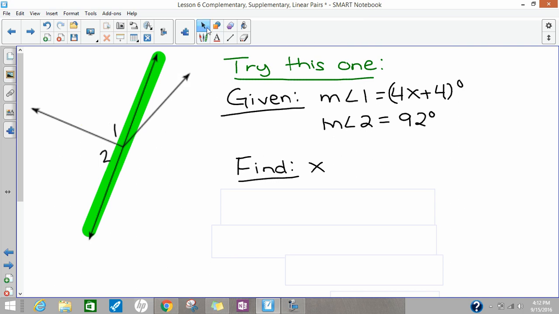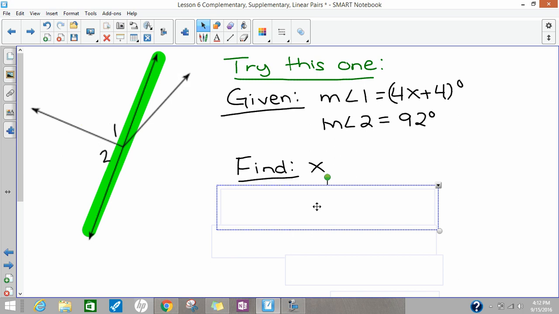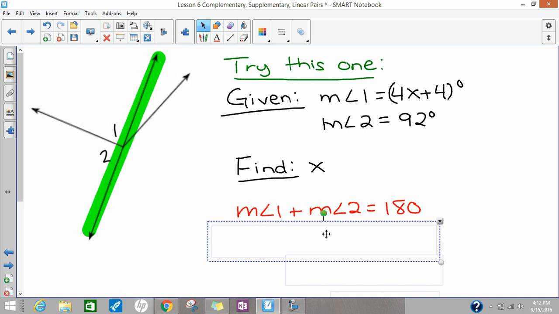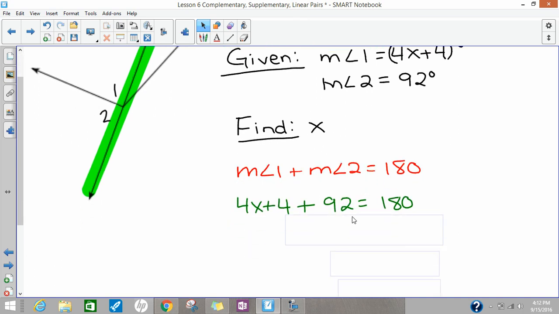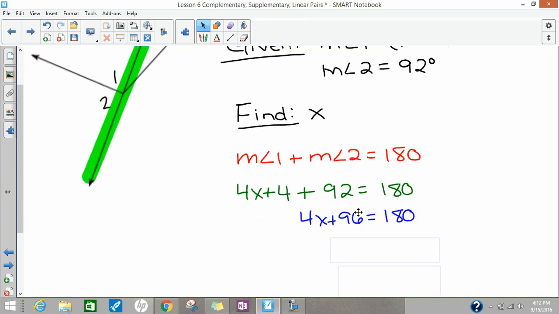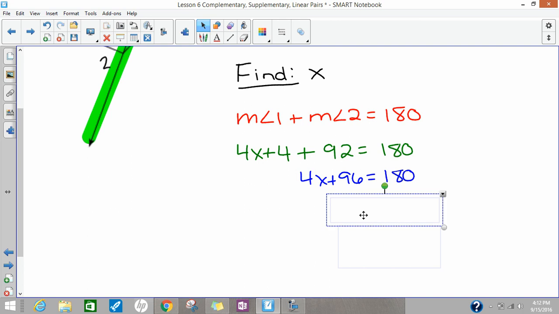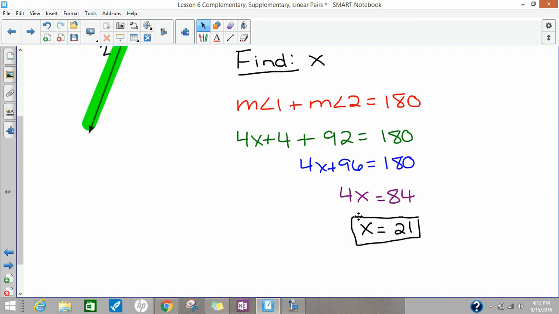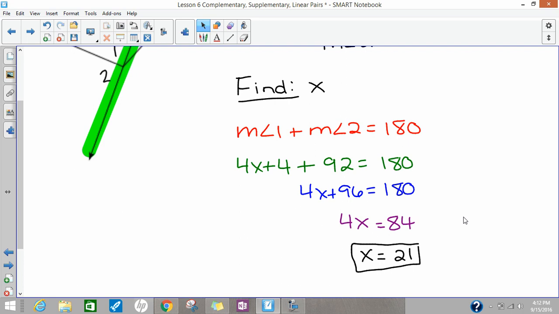That means they form a linear pair, which means that they are supplementary, which finally means that they should add up to 180 degrees. I just plug in what I know and do some algebra. So I get the value of x to be 21.